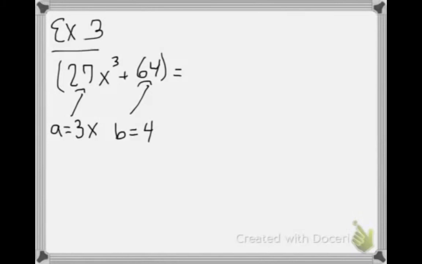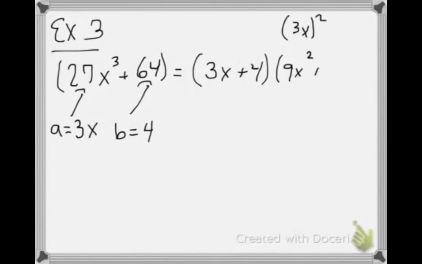We'll use 3x for A and 4 for B. So here we go. We get 3x plus 4 first, A plus B. Then we have to do A squared, which is 9x squared. Remember, you have to square both the 3 and the x. Then we do AB, that's 12x, so plus 12x. Actually, that should be minus 12x.